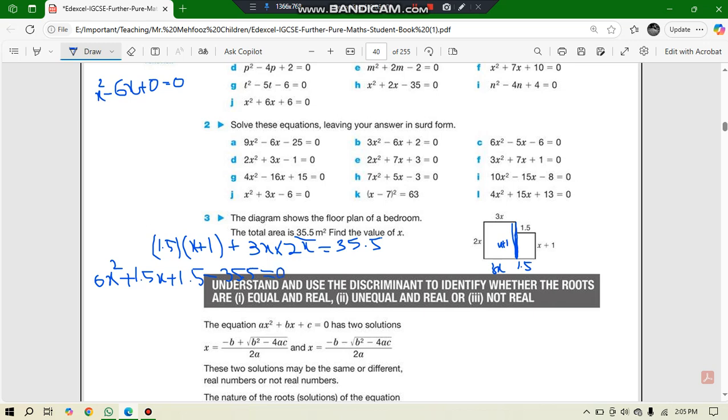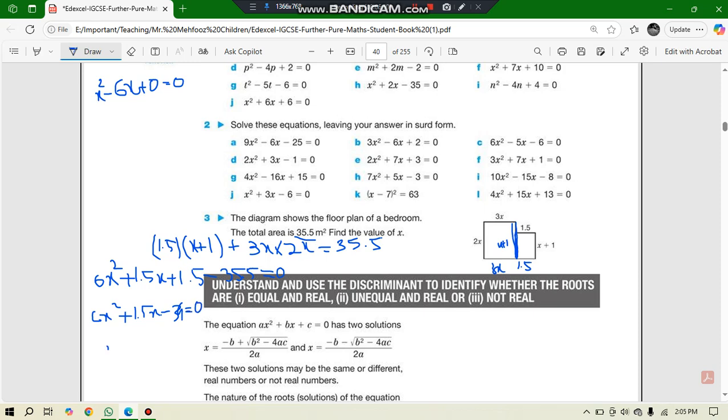So you can also write it as 6x square plus 1.5x minus 34 is equal to 0, right?